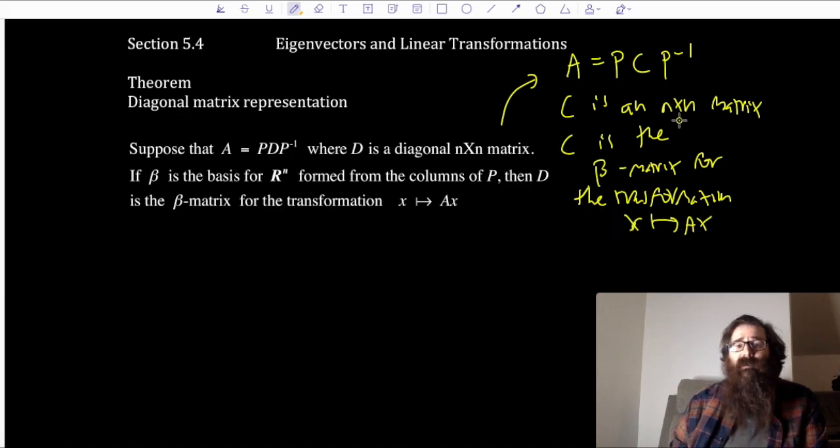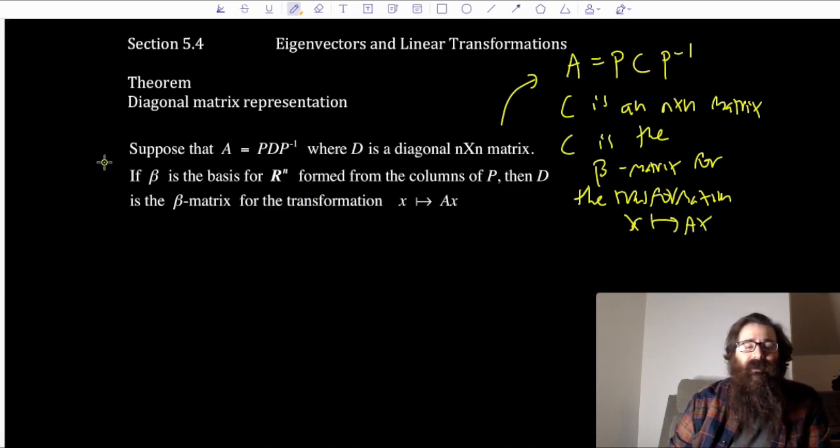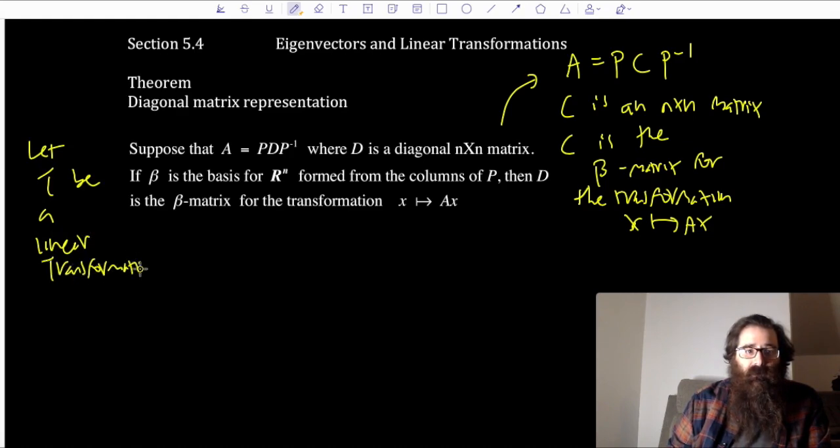And let's actually talk a bit about this further, and let's bring it back to a familiar discussion. Let's say let T be a linear transformation where T, what is it going to do?